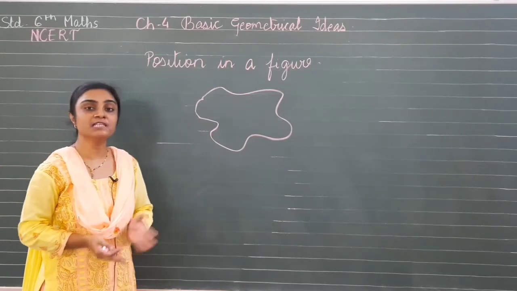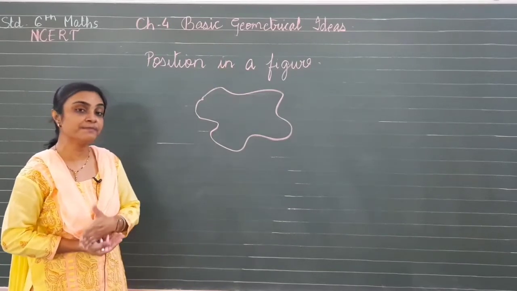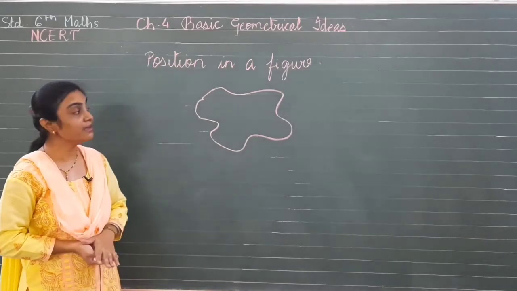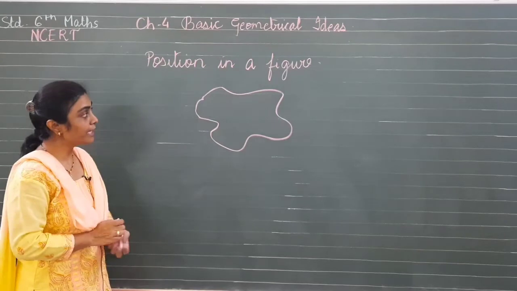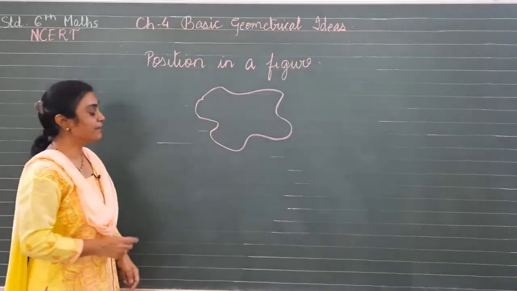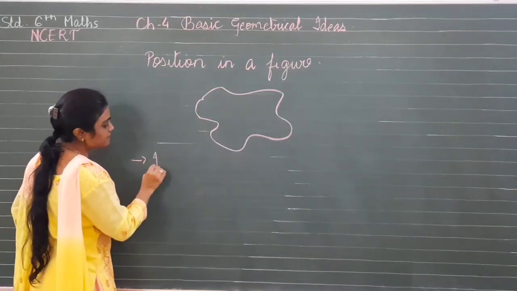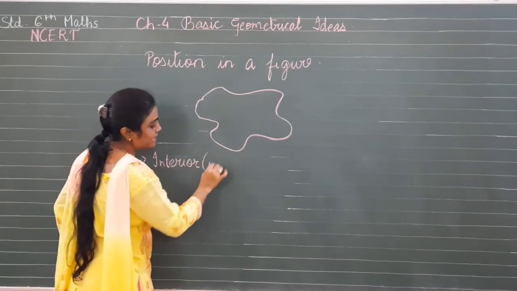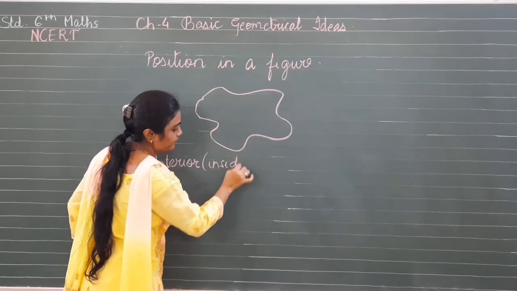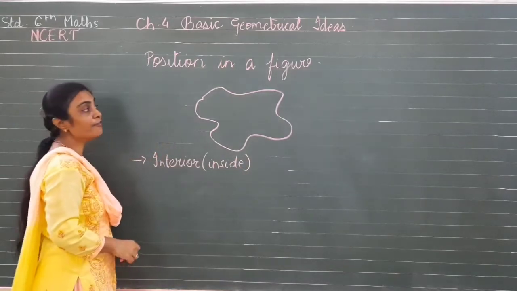Now let us see the position in a figure. Whatever the figures or shapes we see, there will be different positions in the figure. Now I have drawn here a simple curve. In a simple curve there are three parts. First part is said to be interior or it is said to be inside. Now what is the meaning of interior?